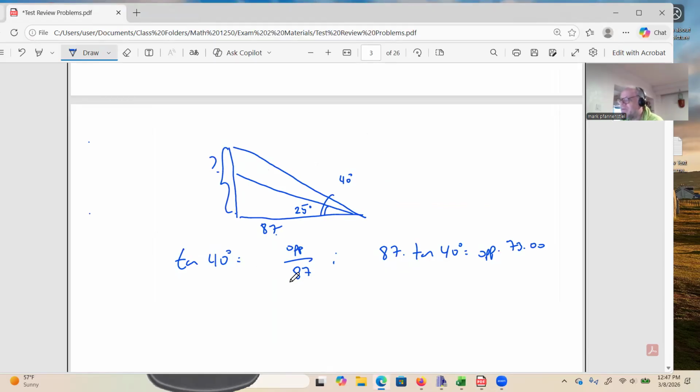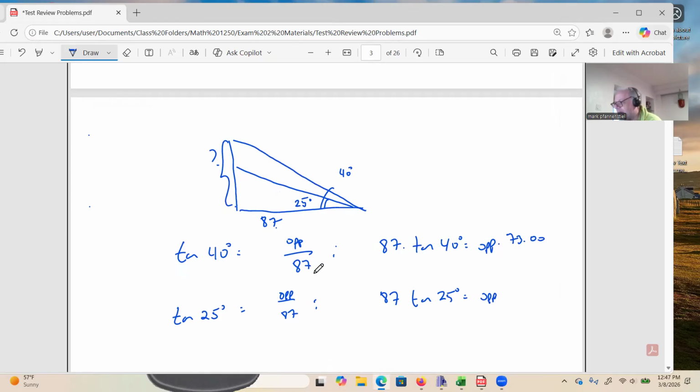So the next thing we're going to do is say, well, if that's the whole tower, then how about we do this? Tangent of 25 degrees is equal to my opposite side over 87, and we're pretty much going to solve the same kind of equation here. So 87 times tangent of 25 degrees is equal to my opposite.